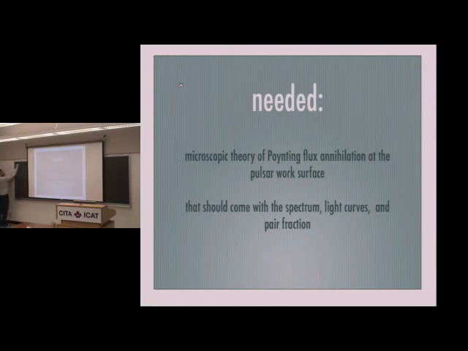So let me take the limit of high sigma. Then in the limit of high sigma, this is my star, axisymmetric pulsar, this is the light cylinder. This is E dot B.